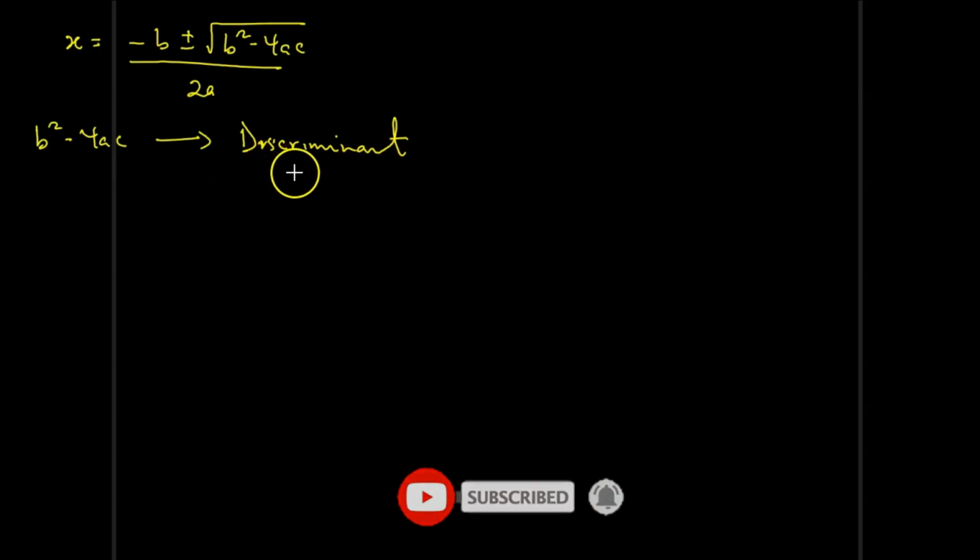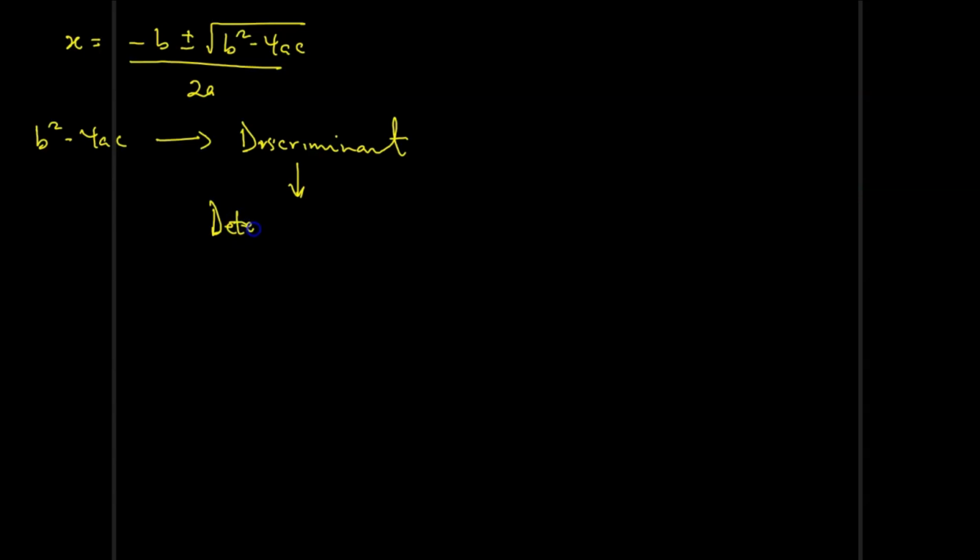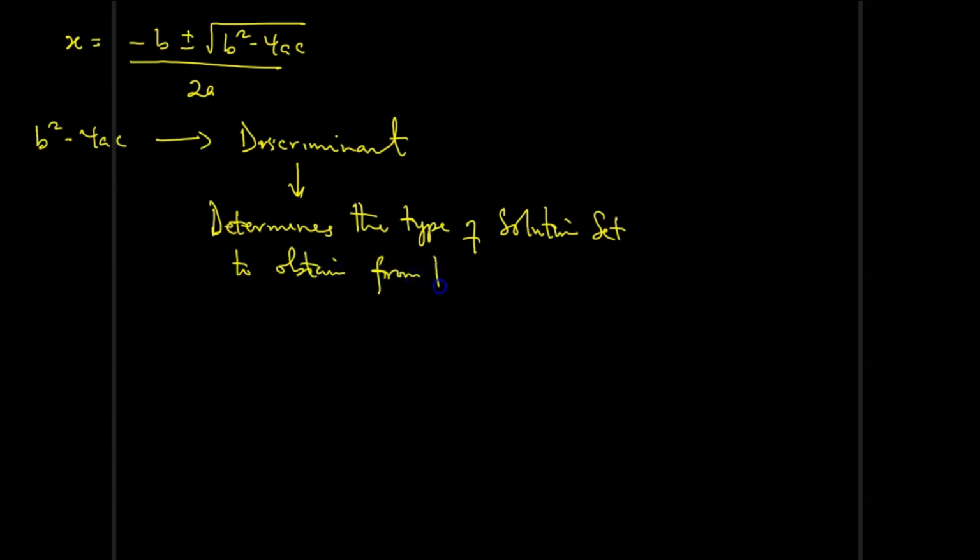The discriminant determines the type of solution to obtain from the quadratic equation.